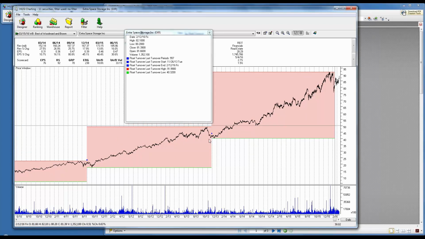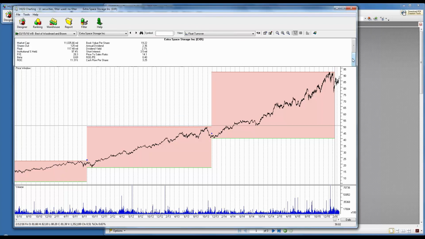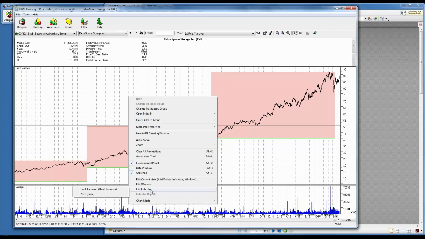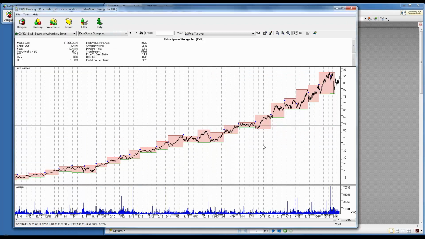It can also be useful if you have a more accurate float number than what we have. Here's 50 million: each one of these boxes is now 50 million shares traded for that stock.